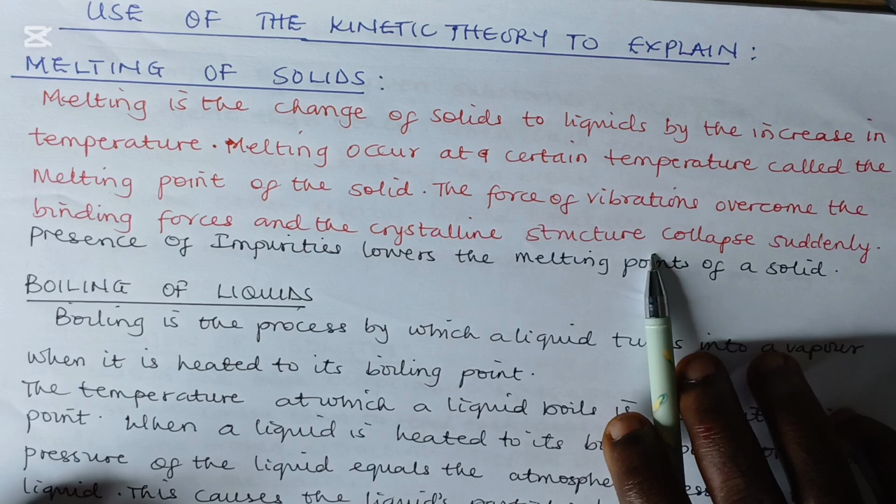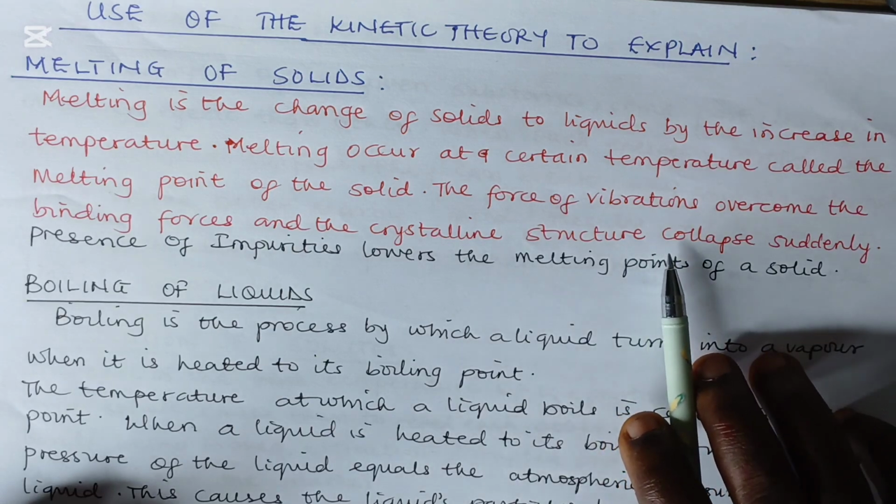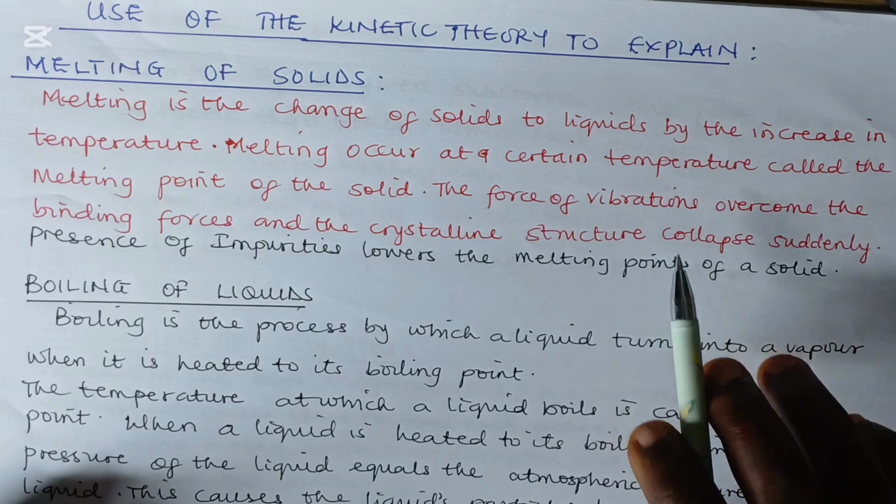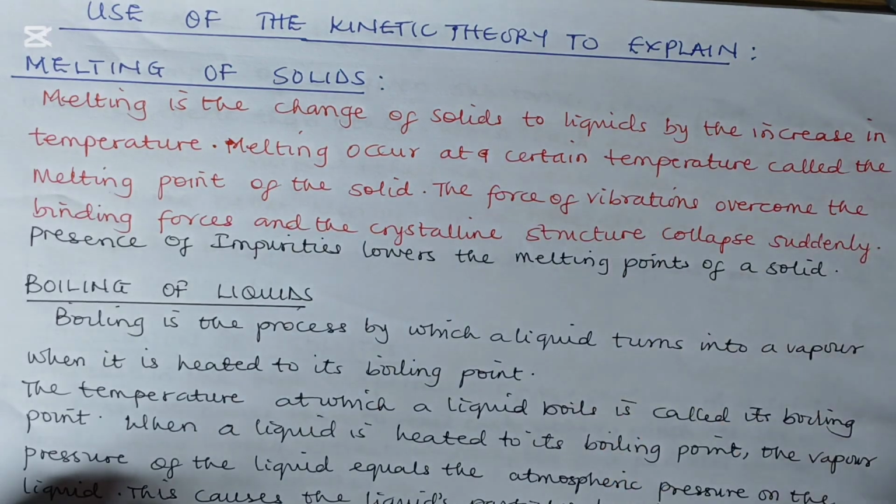They possess a kind of kinetic energy, and so they are able to move. And melting itself is a change of solids to liquids by the increase of temperature. That is the definition. And melting occurs at a certain temperature called the melting point. That is the temperature at which a solid melts.